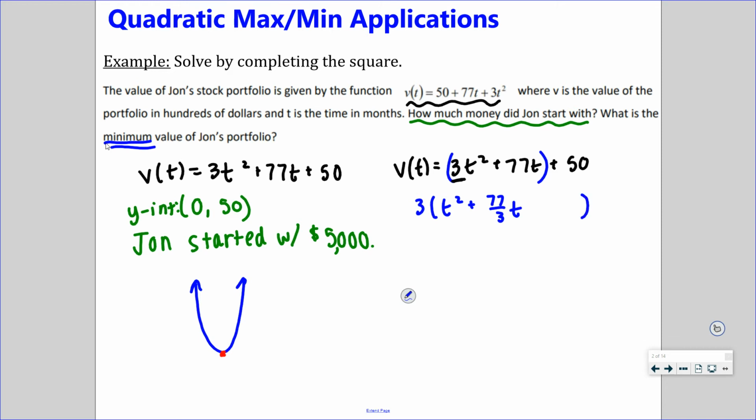Leave the big gap. Okay, so I'm going to take half of 77 thirds and square that, which is just 77 sixths.